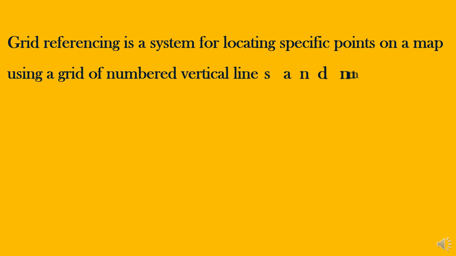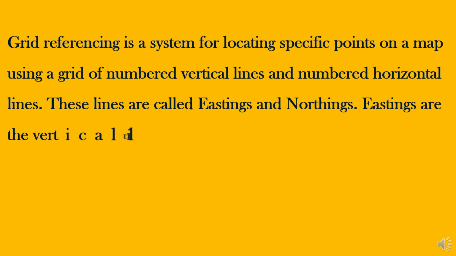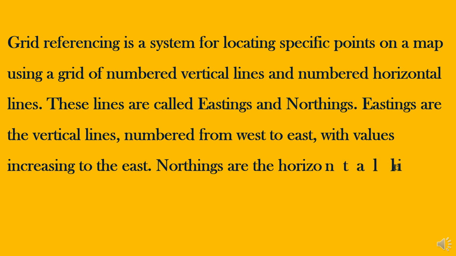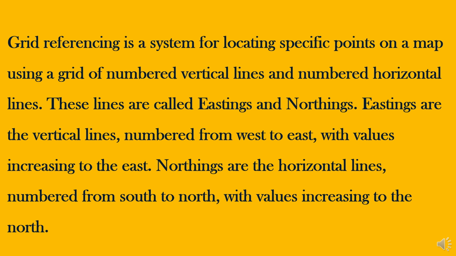Grid referencing is a system for locating specific points on a map using a grid of numbered vertical lines and numbered horizontal lines. These lines are called eastings and northings. Eastings are the vertical lines numbered from west to east with values increasing to the east.